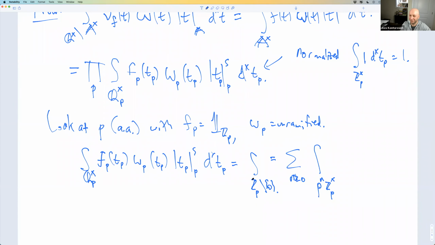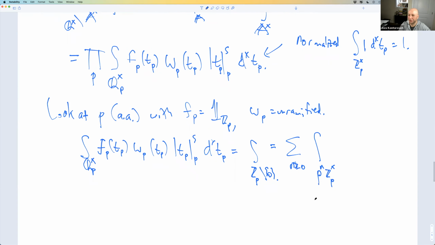Every non-zero Adelic p-adic integer has some non-zero leading term. It's just that union formula you talked about a long time ago. Exactly. Okay, so then I have omega_p of t_p. The norm on this thing is exactly p to the minus n, so I get p to the minus n to the power s, and then multiplicative Haar measure d cross t_p.